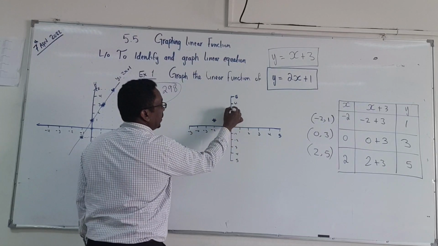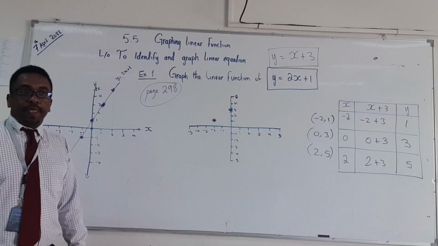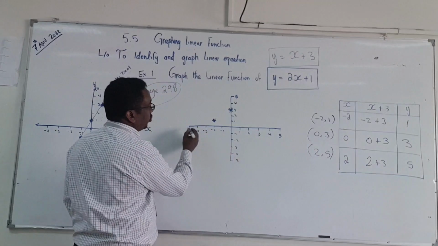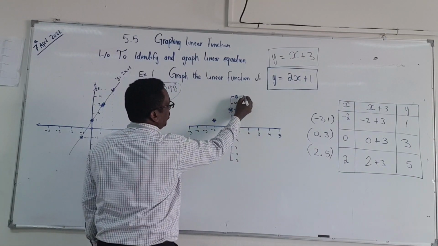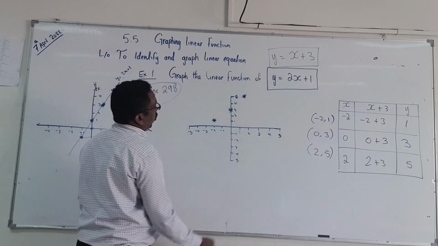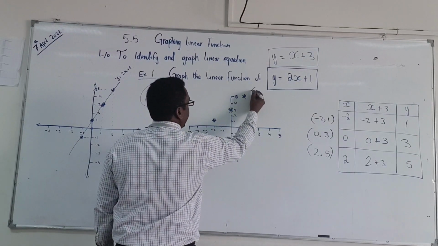Where do they meet? Here. And the last one, 2 and 5. Where do they meet? Up there. Now we can draw the line in a straight line.